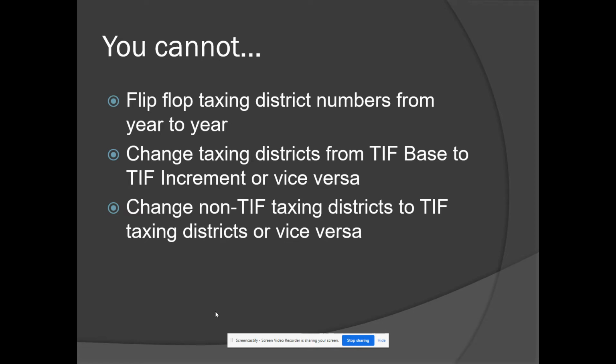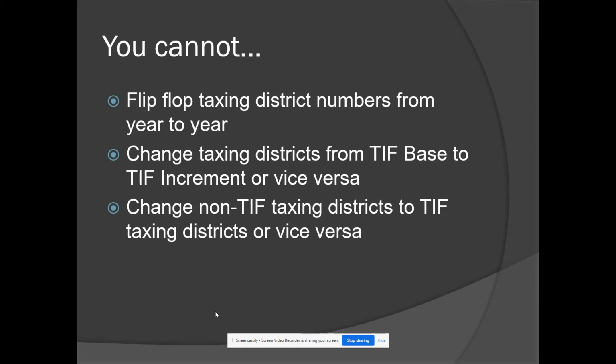A few reminders: you cannot flip-flop taxing district numbers from one year to another. So if a tax district in one year is 00123, you can't change that tax district type in the following year. You can't change taxing districts from a TIF base to a TIF increment or vice versa.